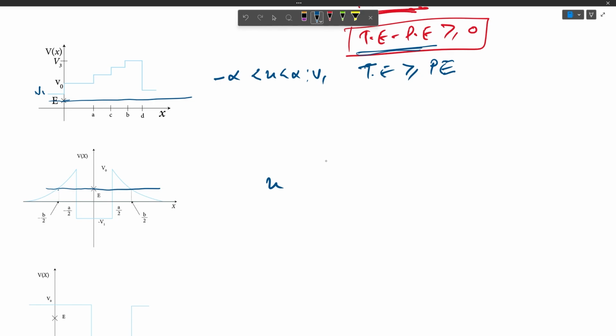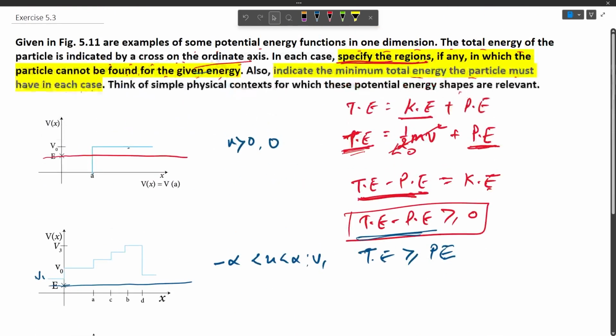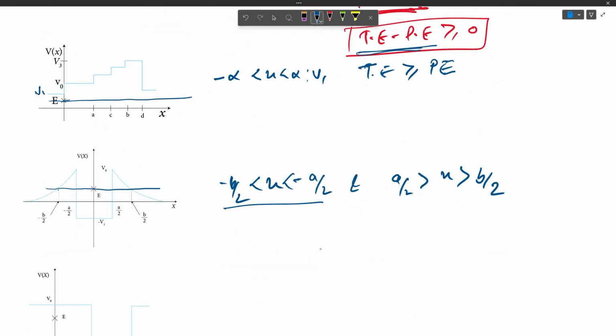So for the region x from minus b by 2 to minus a by 2, the particle can't be found, and also for the region a by 2 to b by 2. The minimum total energy that the particle can have is again given by this expression: it equals the lowest potential energy, so it is going to be equal to minus V1.